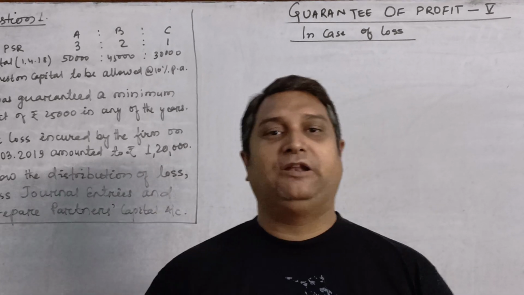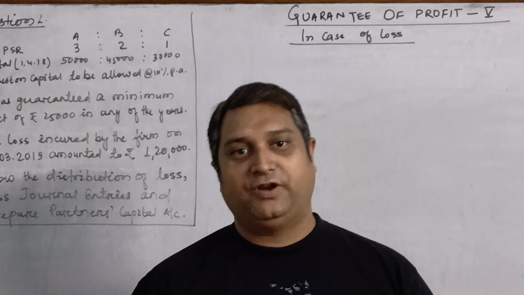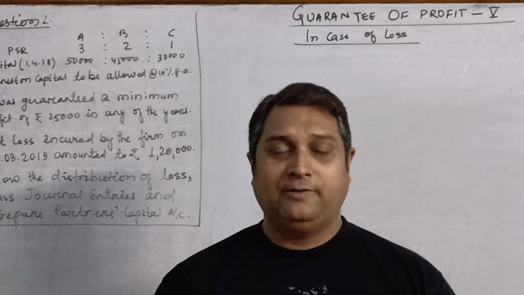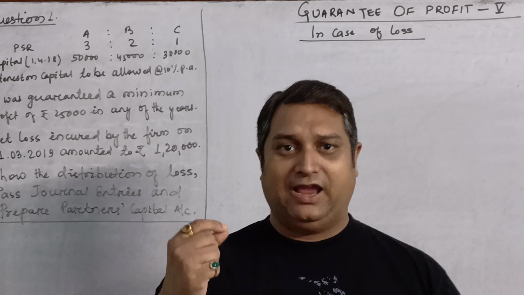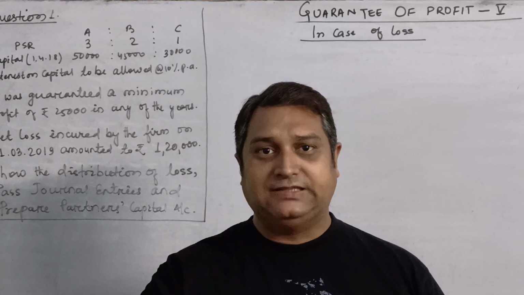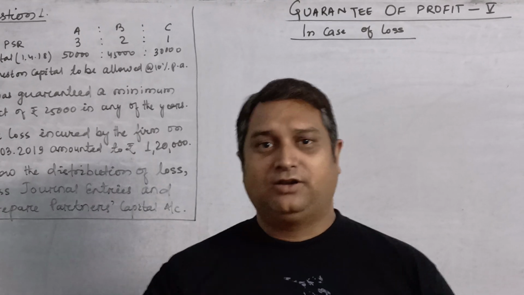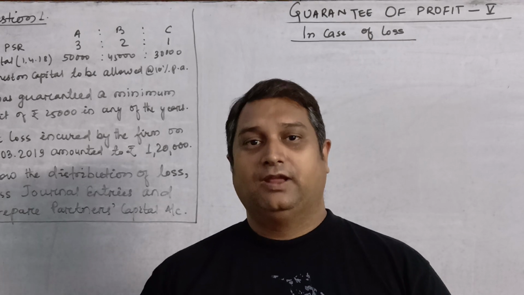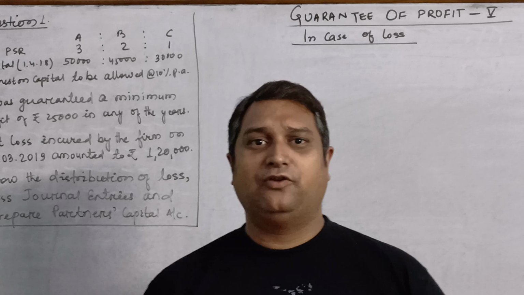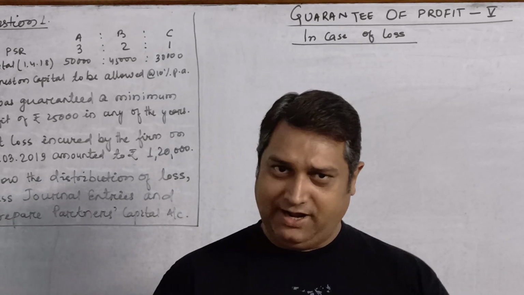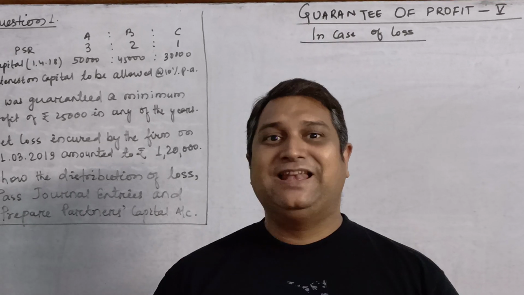Before I begin with this topic of guarantee of profit in case of loss, a small question which I would like to ask from all of you, and I would expect that you will answer this in the comment box. There are 3 partners A, B and C sharing profits and losses in the ratio 3:2:1. C has been guaranteed.